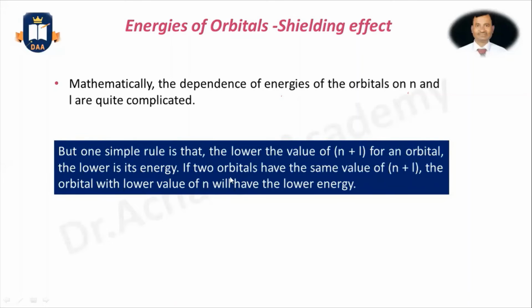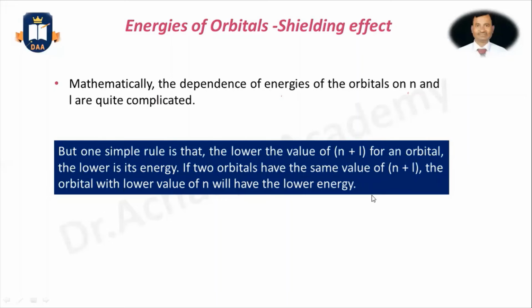And if two orbitals have the same value of n plus l, in that case the orbital with the lower principal quantum number n will have the lower energy. So this is the simple rule.